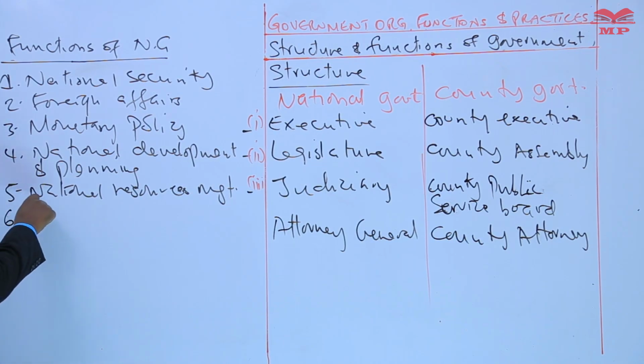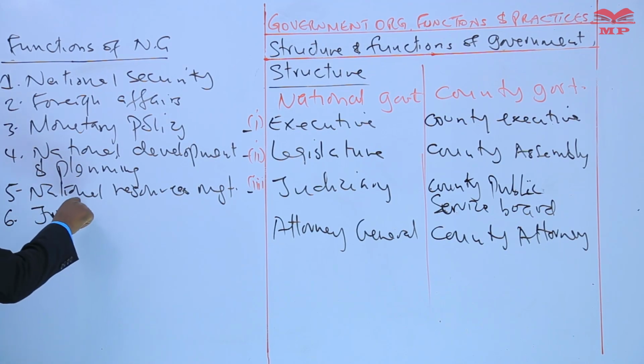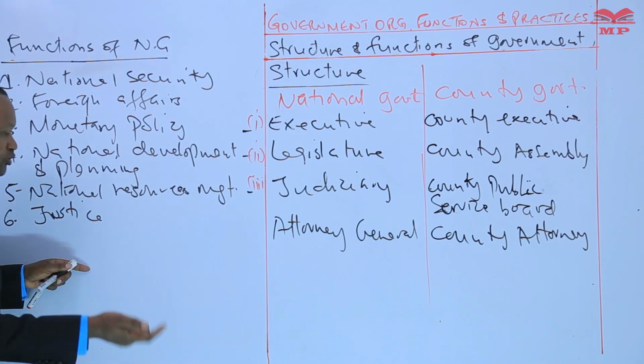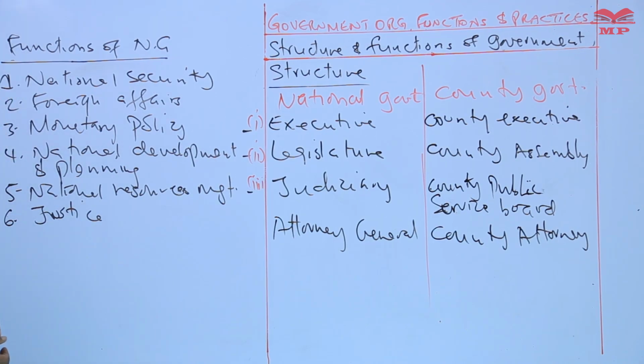Another function is in relation to justice. The national government is responsible for the administration of justice, including the provision of legal aid, the establishment of courts, establishment of tribunals, and also the management of prisons and correctional services.